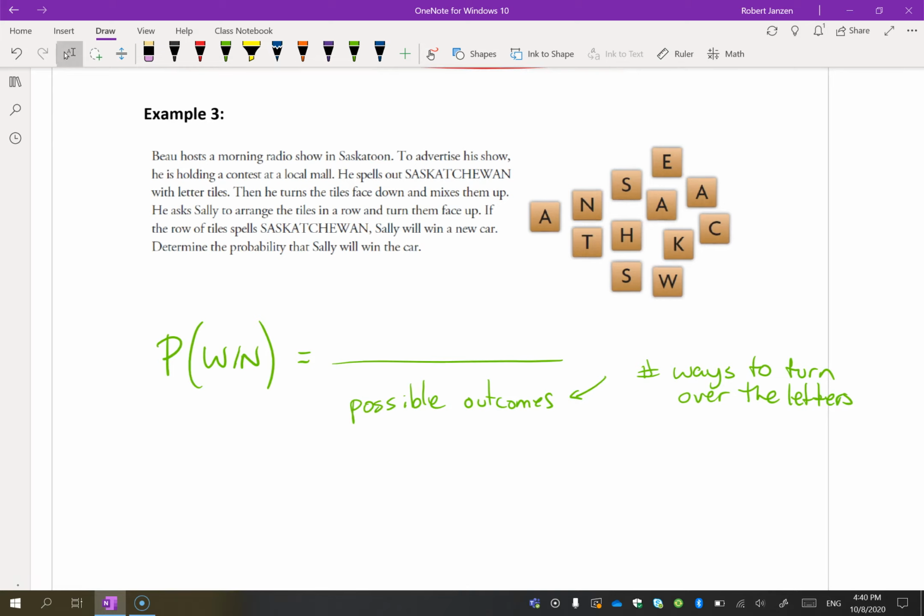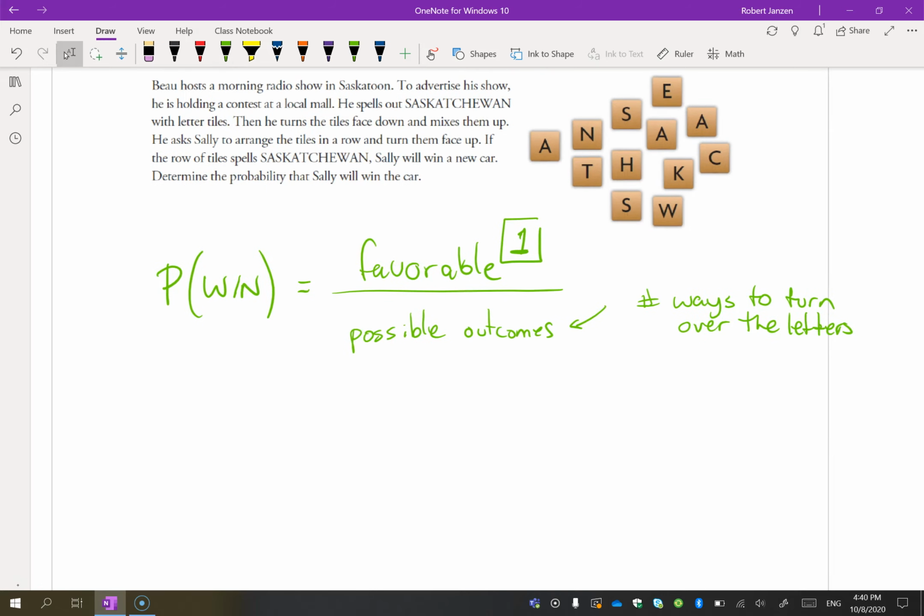And how many favorable outcomes are there? Well, there's just going to be one favorable outcome. There's not more than one way to spell Saskatchewan. There's one way. So we're going to have 1 over.